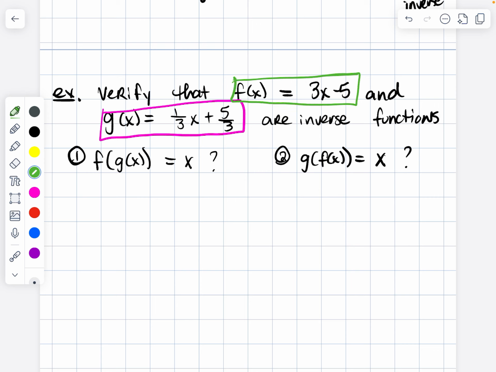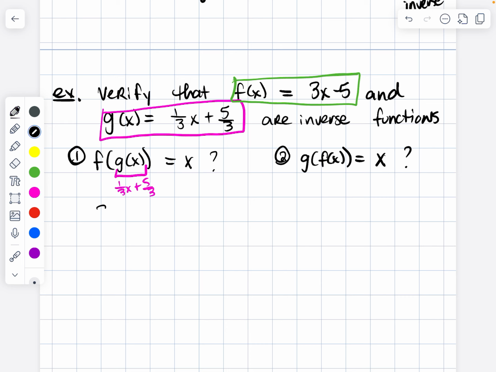So what's going to happen here is we're going to put g of x inside of f of x. Remember, g of x is the 1 over 3x plus 5 over 3.